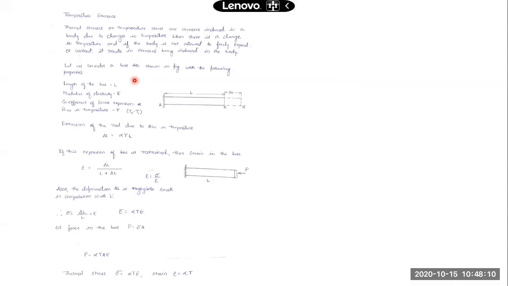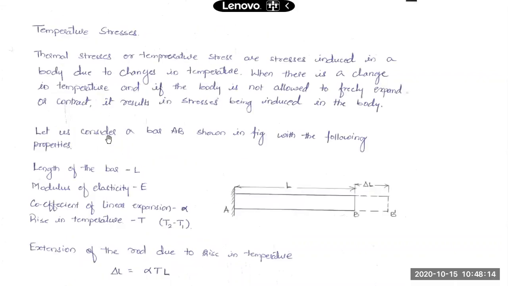Here is one bar of length L, and one more property we need to consider is the coefficient of linear expansion, alpha. This alpha gives us the elongation of the bar with an increase in temperature, or the contraction of the bar with a reduction in temperature.